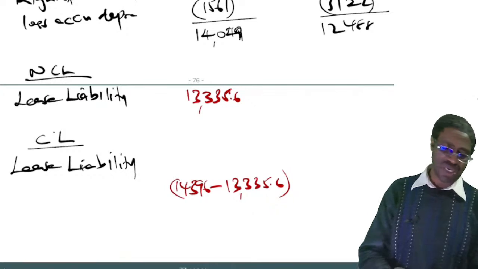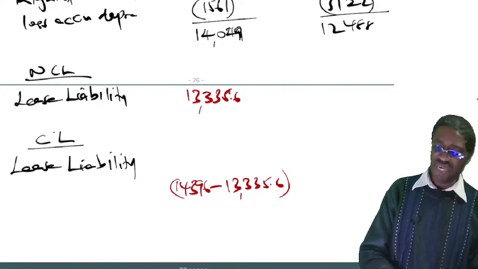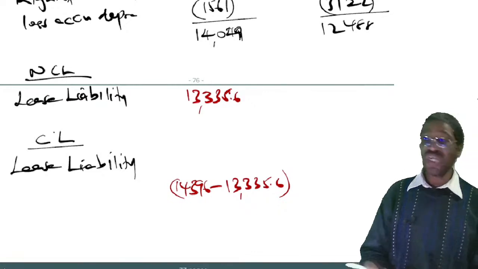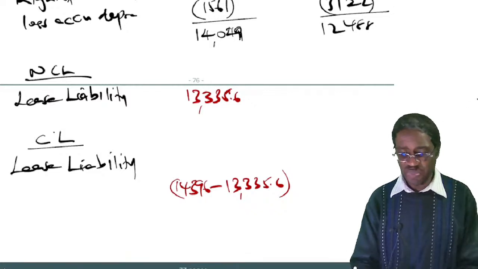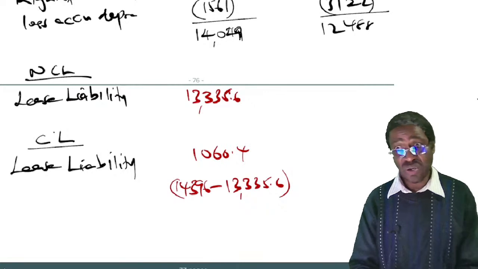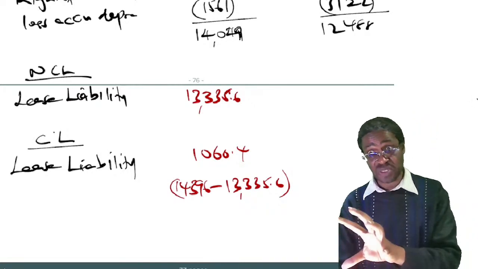Let me do that calculation first. It will be 14,396 minus 13,335.6. So in the next 1 year, I must pay 1,060.4.